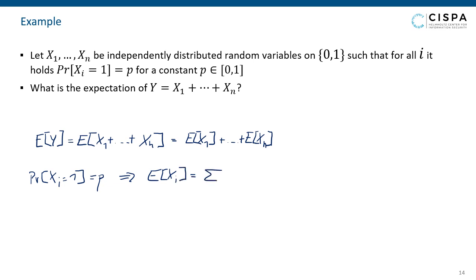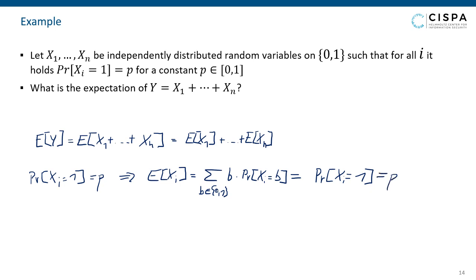This is basically, well, we sum over 0, 1, and we have b times probability xi equals b. Well, for b equals 0, this is just 0 times something, which is 0. So what's left is this is actually 1 times probability xi equals 1, which is exactly p.